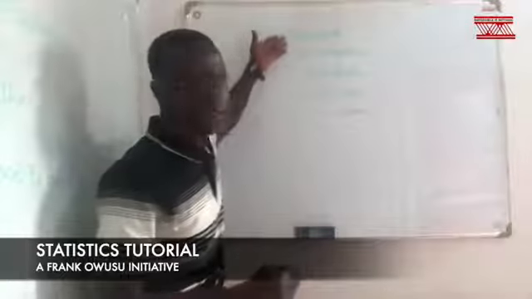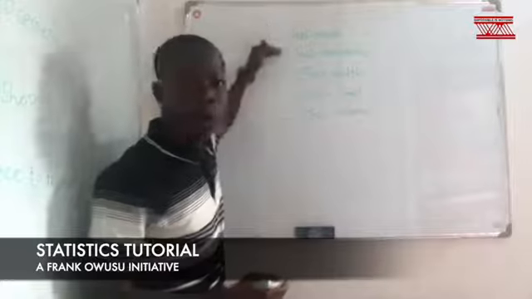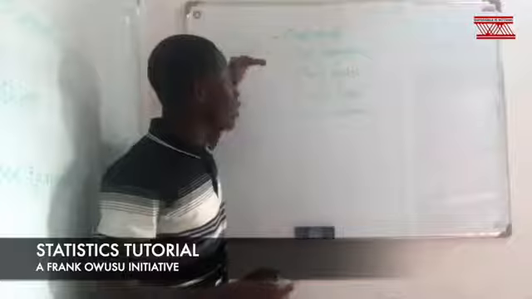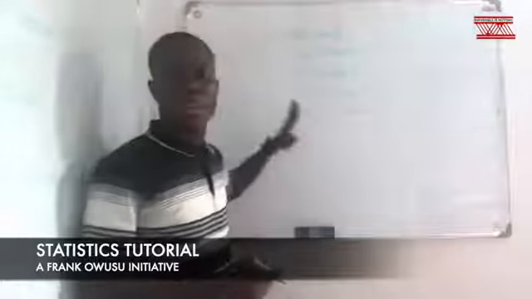So please, I'm going to take my time and explain all this to you. The first one is the class mark, then the class boundaries, class width, class limits, and the class interval.